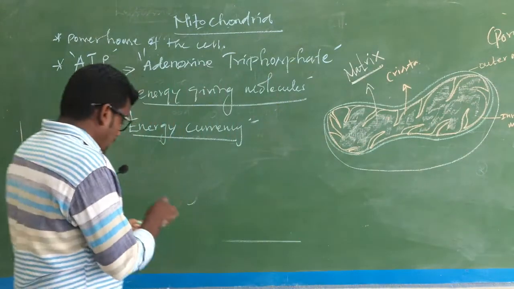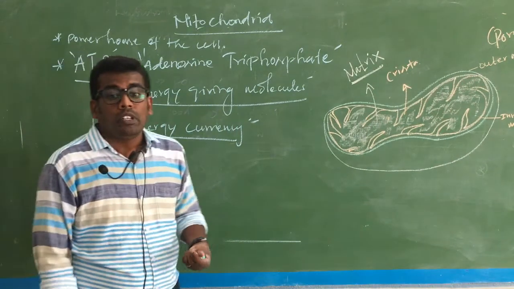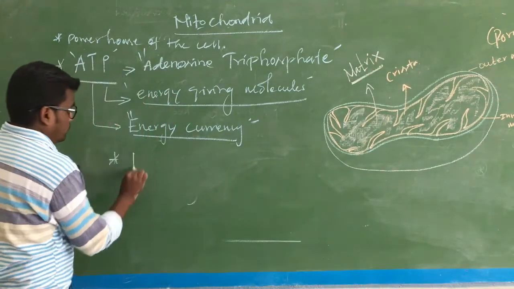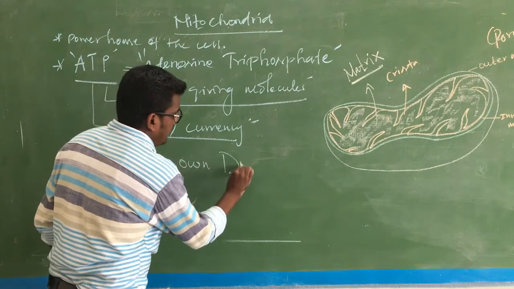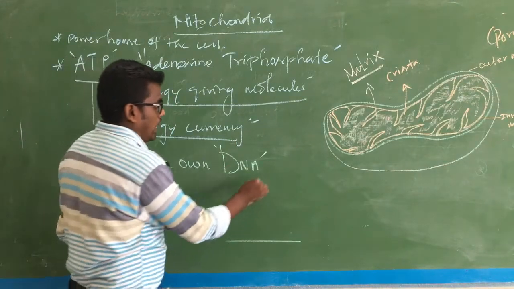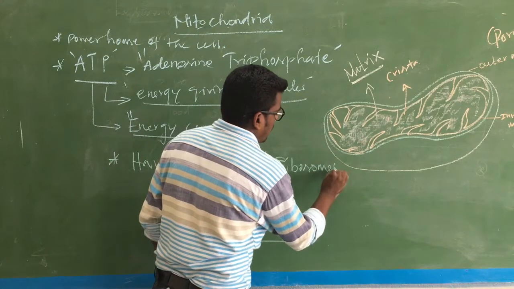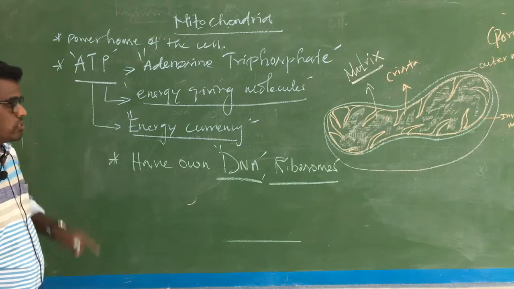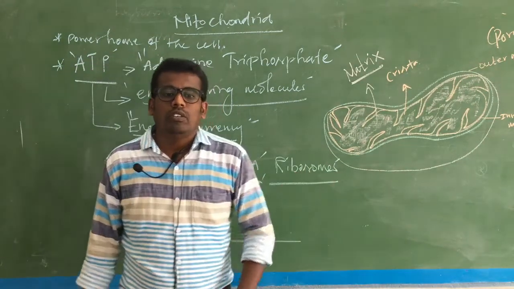Very important points about the mitochondria: the mitochondria have their own DNA, deoxyribonucleic acid, and ribosomes. Ribosomes are a very important character.